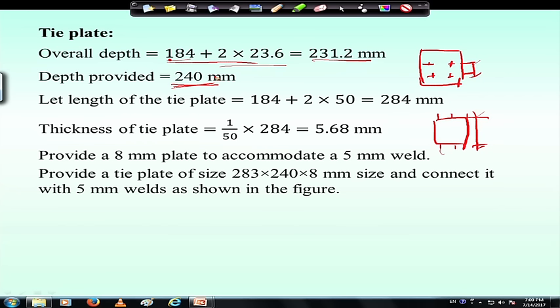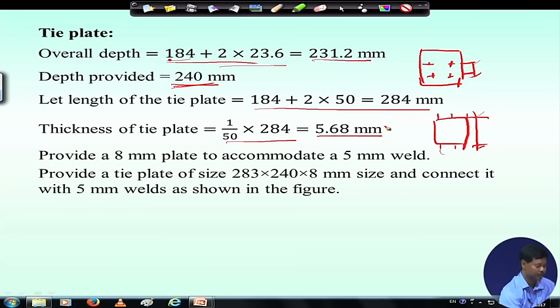Now, the length of the tie plate will be as usual, as we have considered in the earlier case. So, the length of tie plate will be 284. Then the thickness of tie plate we can find out: 1 by 50 into this, that is 5.68. So, we can provide a 6 mm tie plate, or maybe a little higher, say 8 mm tie plate, and the size of weld we can provide 5 mm, right.